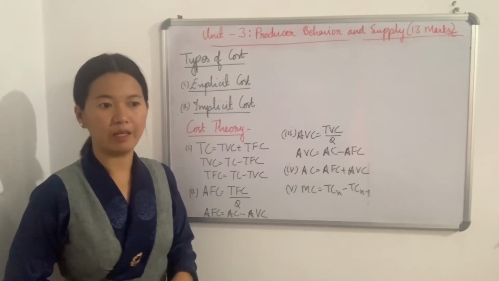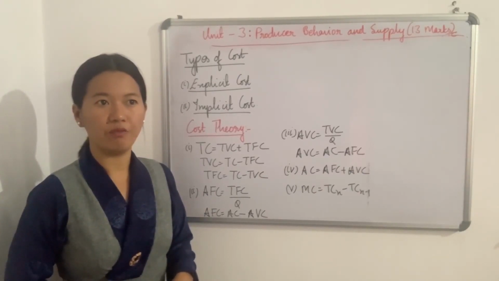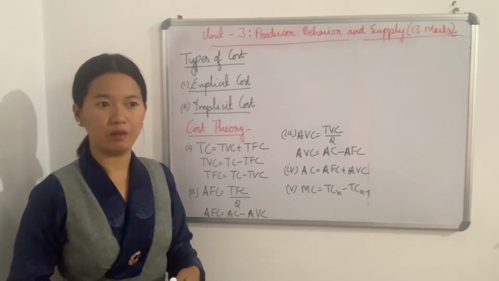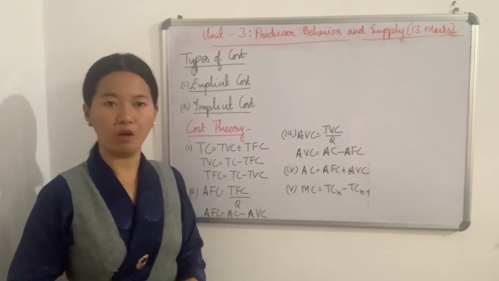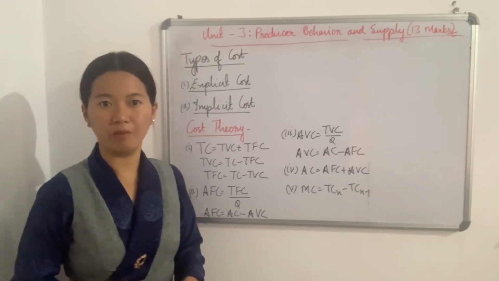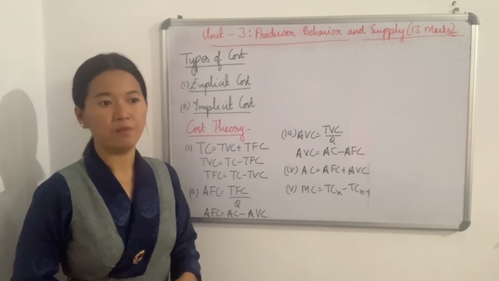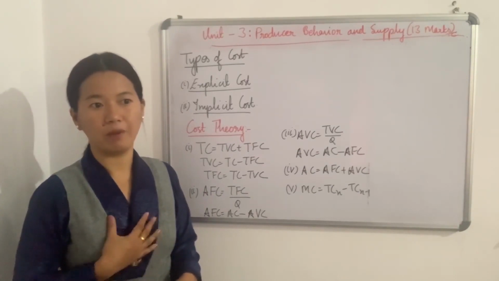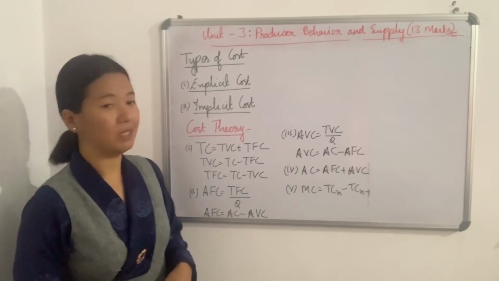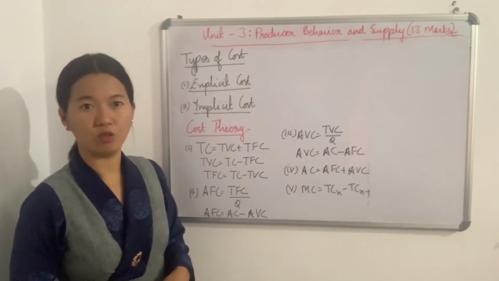For example, suppose I want to run a hotel, and as labor I take labor from outsiders and make a payment of wages every month, that is the explicit cost, because I'm hiring labor from outsiders.